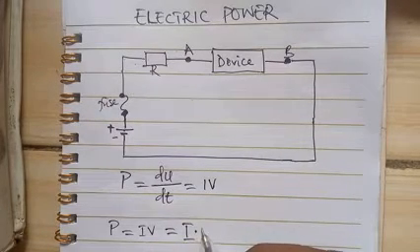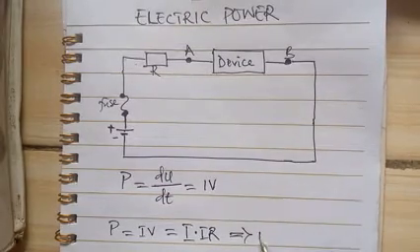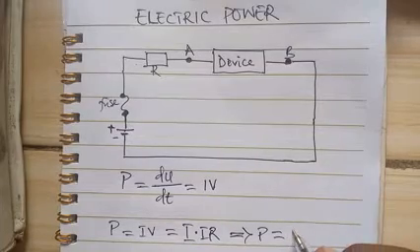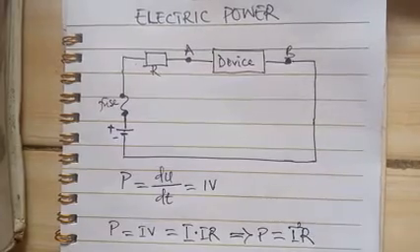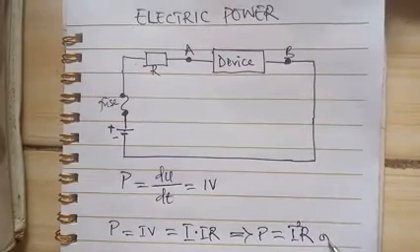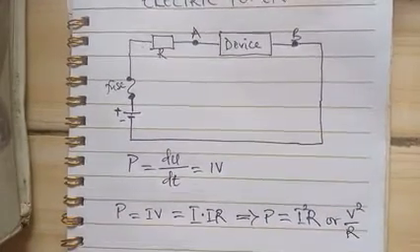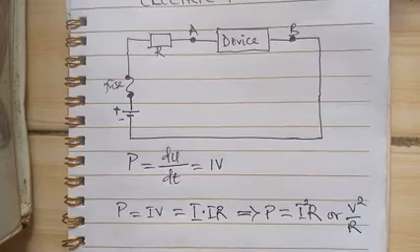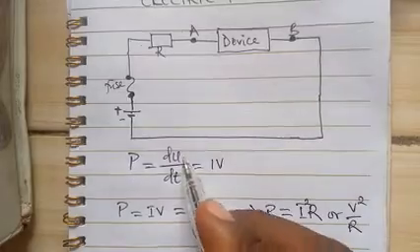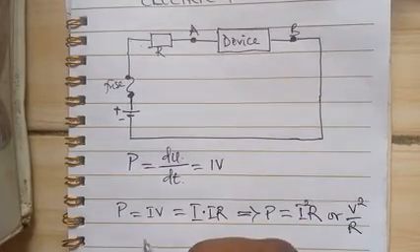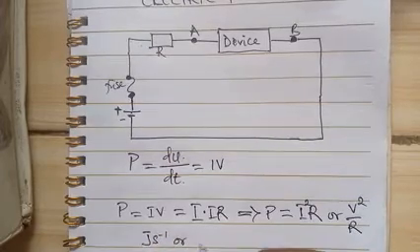So if we resolve this, we have that power P is equal to I times I, which is I squared, then R. We can also say it is equal to V squared over R. So the unit of power is watt, or you say joule per second.